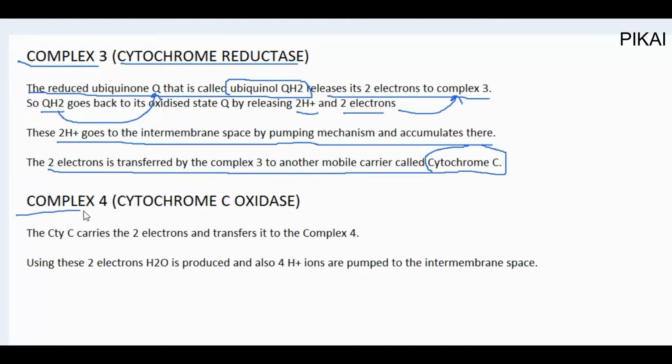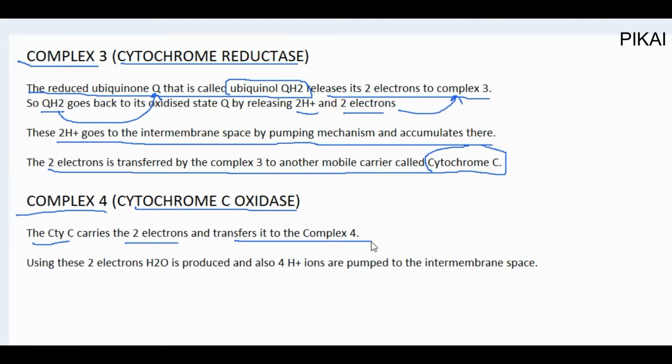So complex 4 is known as cytochrome oxidase. Cytochrome C oxidase is the name of complex 4, where the oxidation of cytochrome C happens. This cytochrome C, after accepting electrons in complex 3, gets reduced, and now the cytochrome C releases its two electrons and transfers them to complex 4.